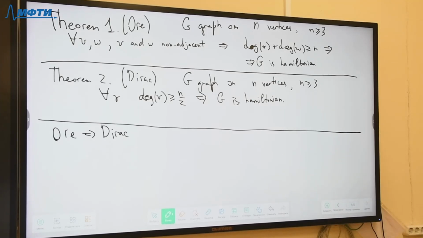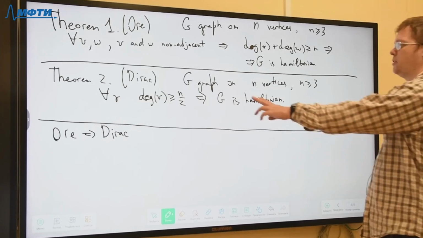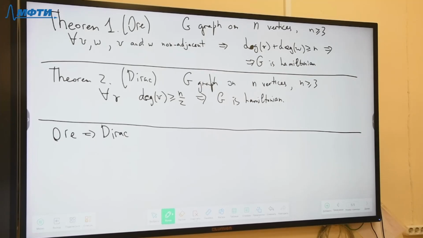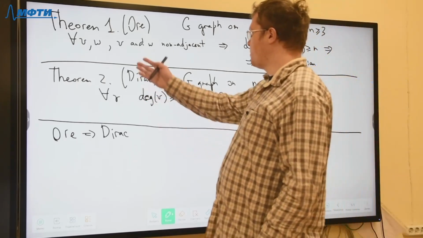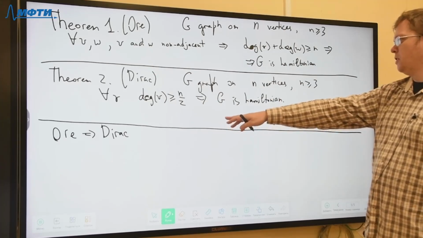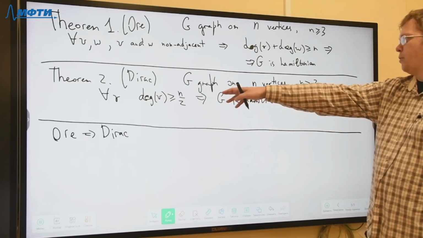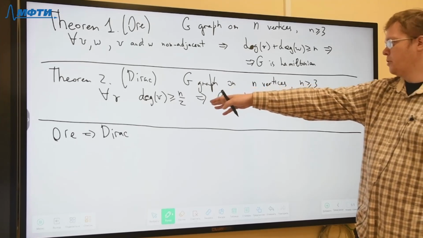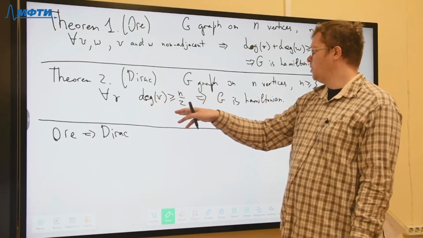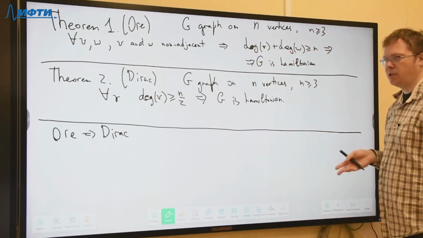So if we know that for any non-adjacent vertices the sum of the degrees is greater or equal than n, then we can prove this one. Let's check this property. If we have two vertices, their degrees are each more or equal than n over 2, so the sum of the degrees is more or equal than n.